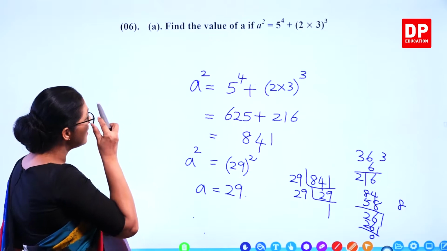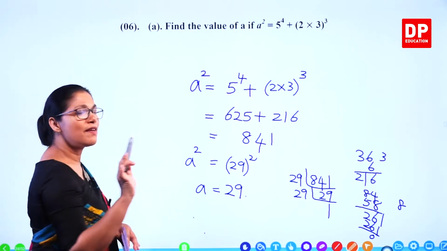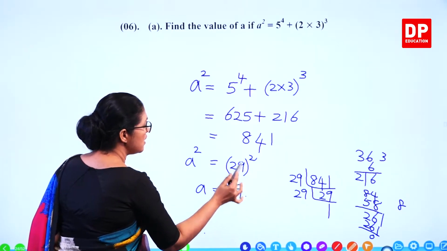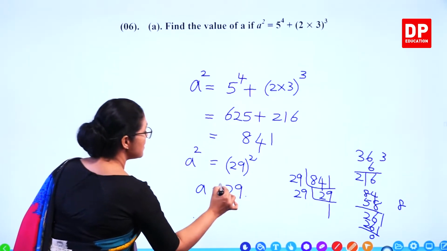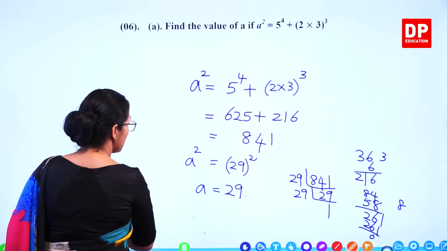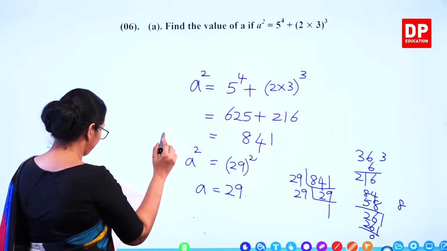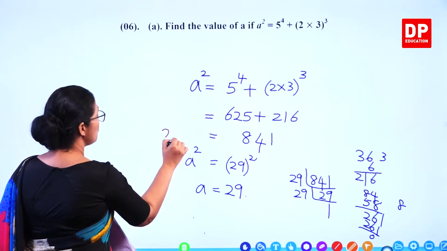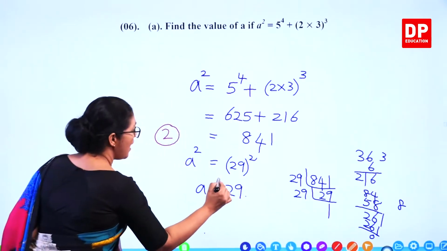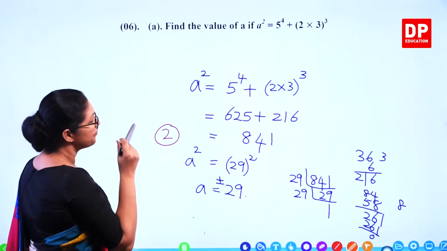Make sure when you are taking a square root, a can be positive or negative. So you write down positive and negative as well.